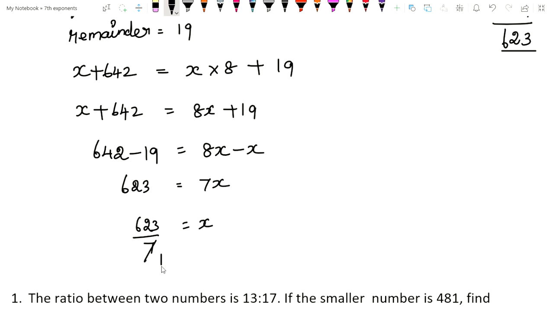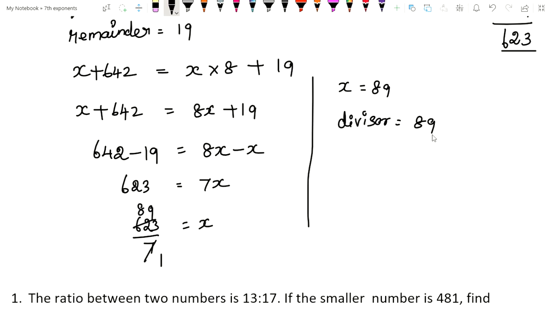See here, 7 ones are 7, 8 sevens are 56, remaining 6, 63. 9 sevens are 63. So what is the answer? x equal to 89. x represents the divisor. Okay. So divisor equal to 89.